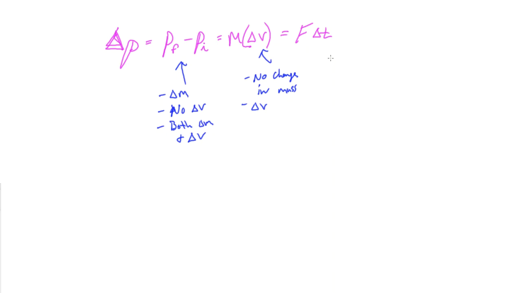However, the last one we're going to talk about is what this force and time interval looks like. So anytime you see newtons, or you see acceleration, because if you know the acceleration and the mass of the object, then you can calculate F net by saying mass times acceleration.